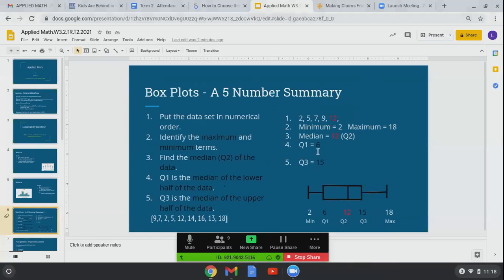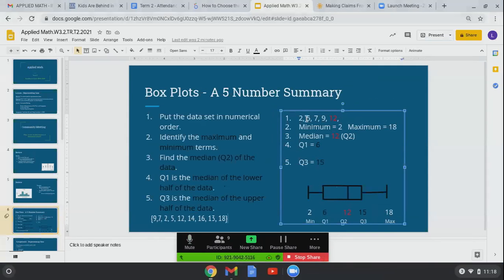Yes. So again, we are on this first half of the data. It's an even number, so we are going to use these 2. Here we will add 5 plus 7, and then we're going to divide by 2.